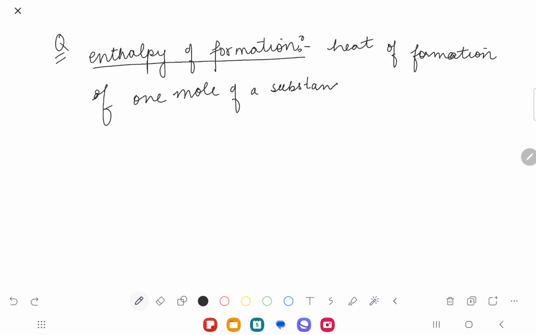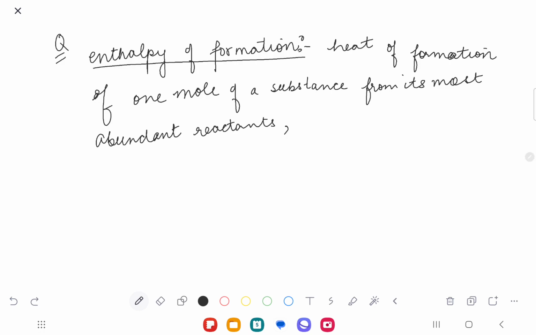Heat of formation is basically the heat of the formation of 1 mole of a substance from its most abundant reactants. You understand?